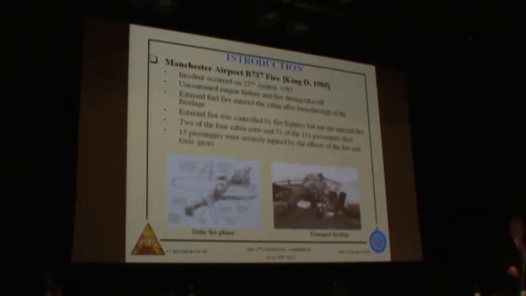The external fire entered the cabin through a burn-through of the fuselage, and while the external fire was controlled to a certain extent by the firefighters, the internal fire was not controlled in the slightest, and so it spread through the interior of the cabin quite rapidly.